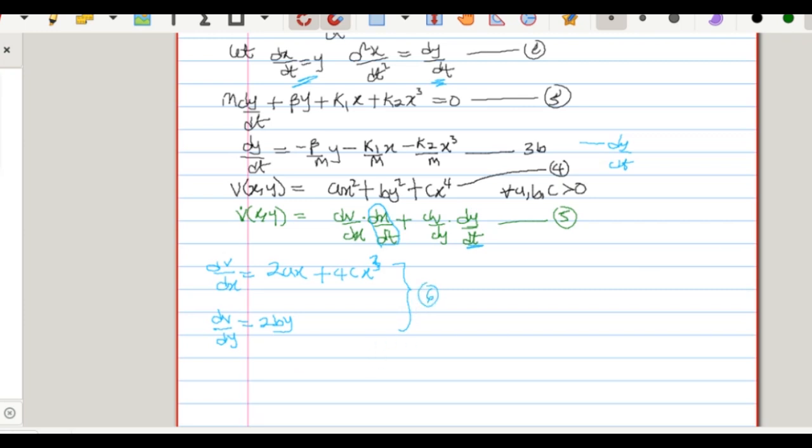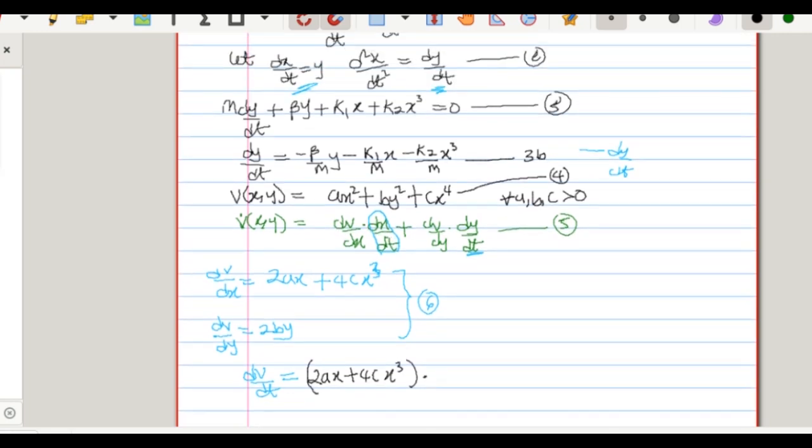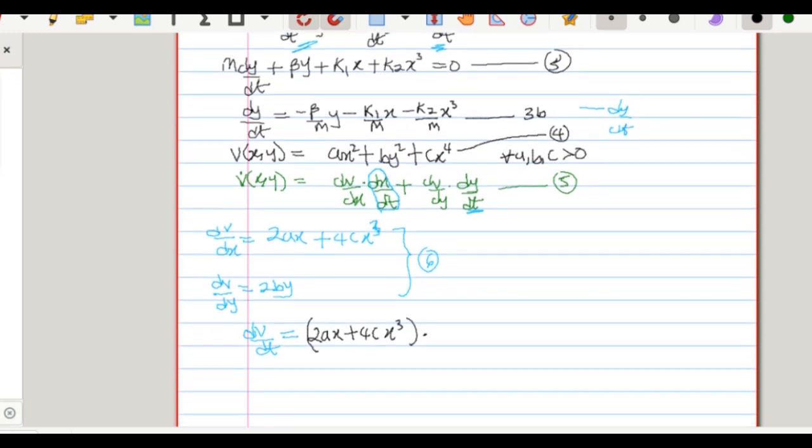Substituting equation 6 into equation 5, we are going to have dV over dt equal to 2ax plus 4c x to the power of 3, multiplying dx dt, and we have dx dt to be y.